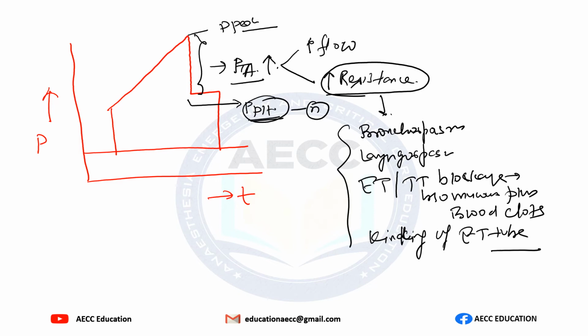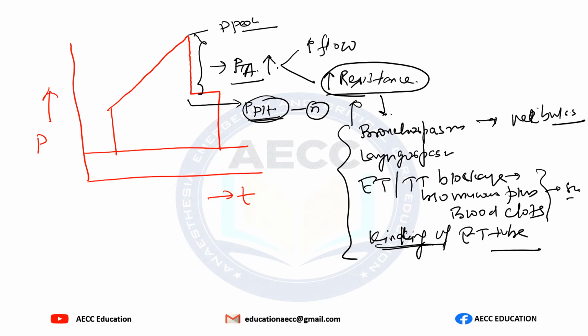So all this leads to increased resistance. According to that, at first you auscultate. If there is wheeze, then you nebulize the patient and look whether the P peak will settle or not. If there is blockage, then suction the patient, or if there is kinking, then remove the kinking. So if the etiology of increased P peak is because of that, then just treat them and again look whether the P peak is settled or not.